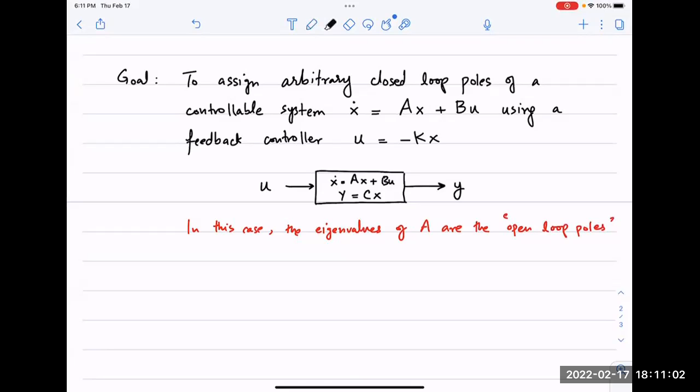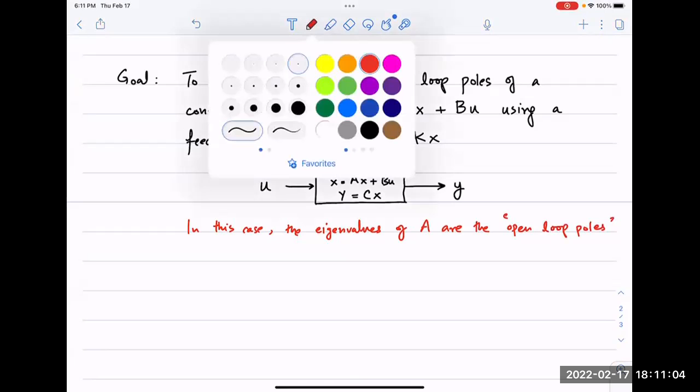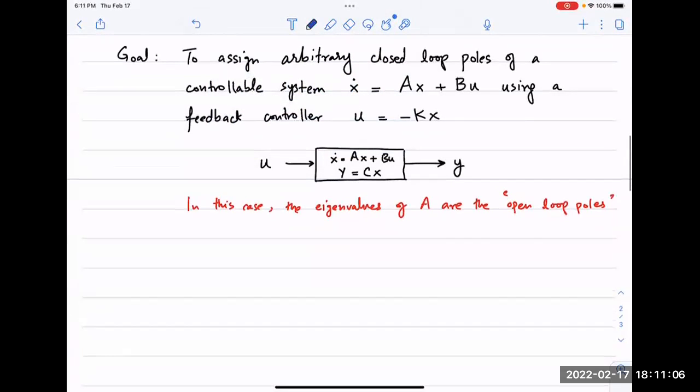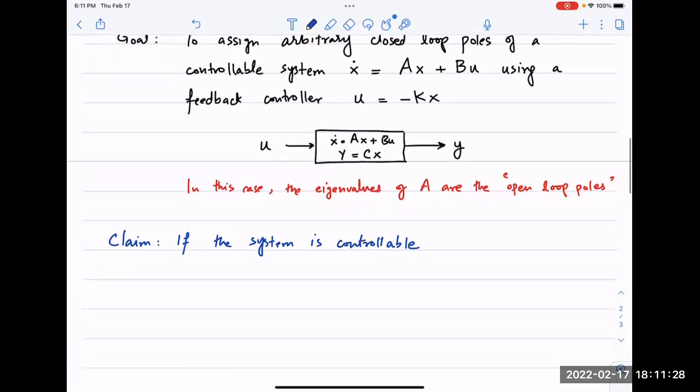So this is the goal that we have in mind, and our claim is that if the system is controllable, then we can place the poles arbitrarily using state feedback.